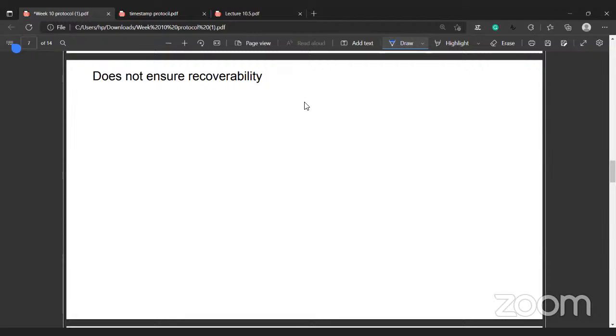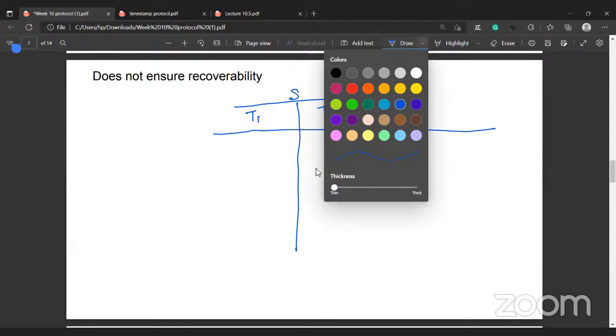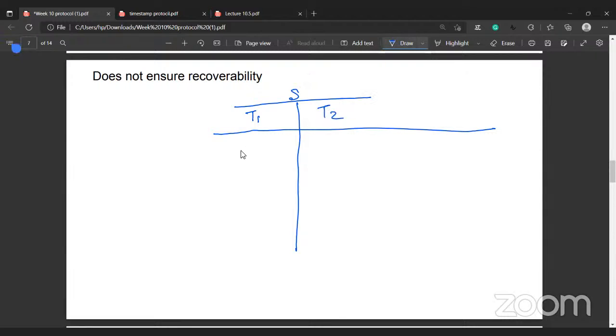So there is a schedule S with T1 and T2, and the locks applied, right?